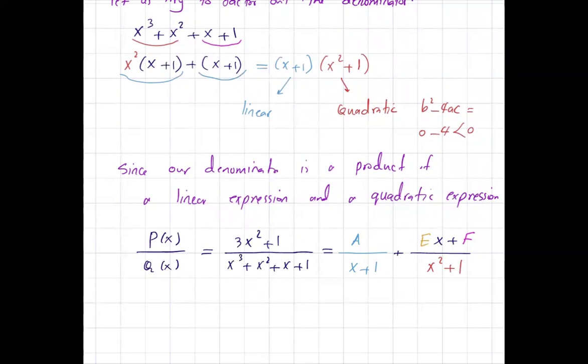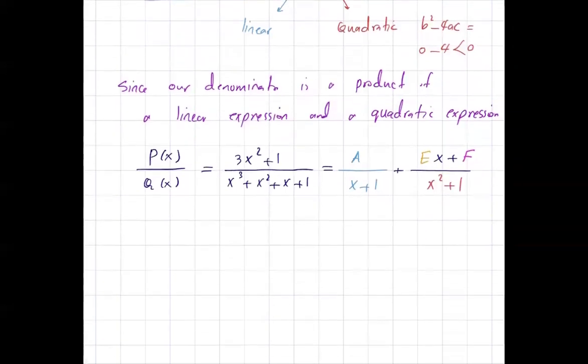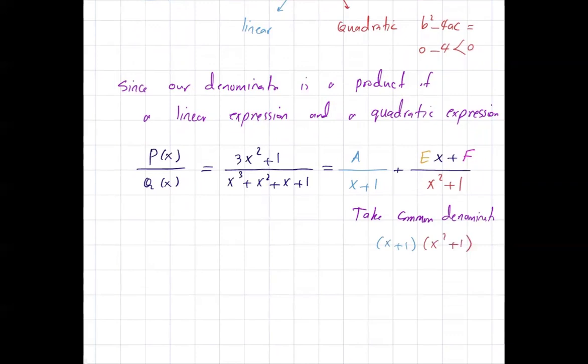Now, if you take common denominator on the right-hand side, the fraction on the right must be equal to the fraction on the left. The common denominator is nothing but the multiplication of x plus 1 and x squared plus 1. So the fractions on the left-hand side and the right-hand side have the exact same denominator, and their numerators must be equal to each other.